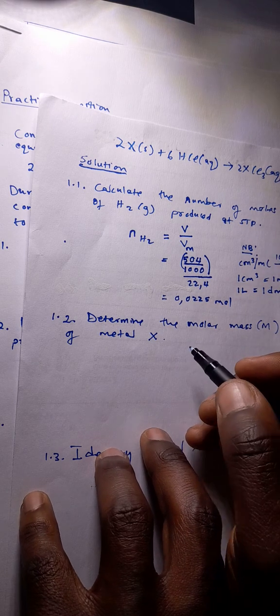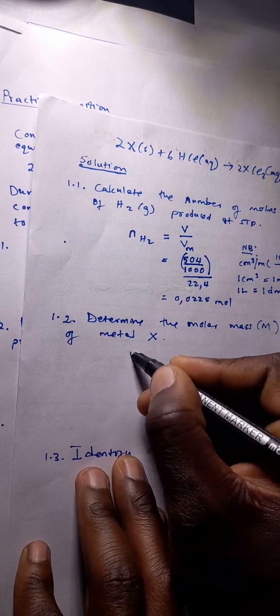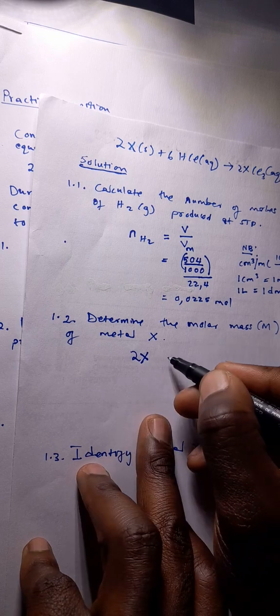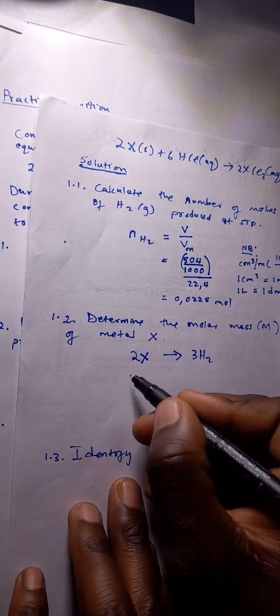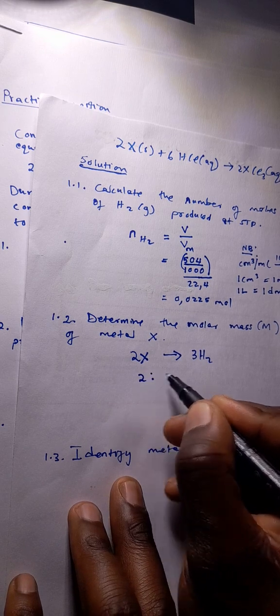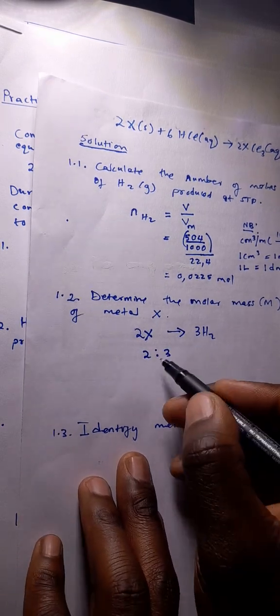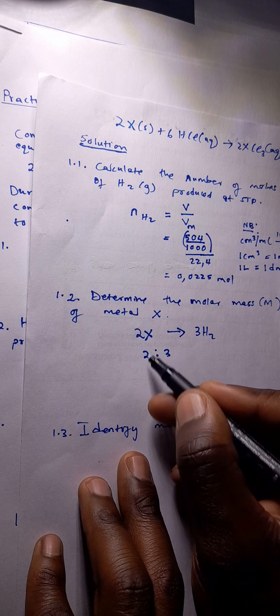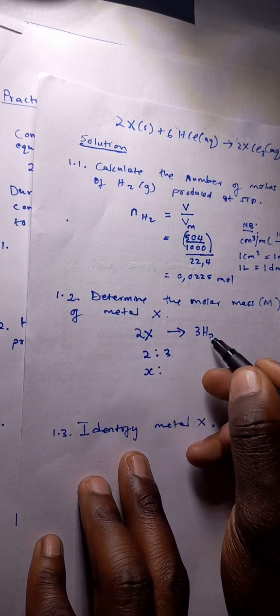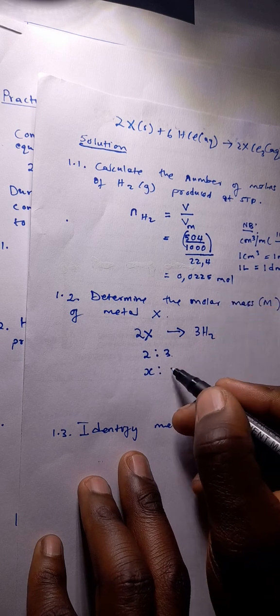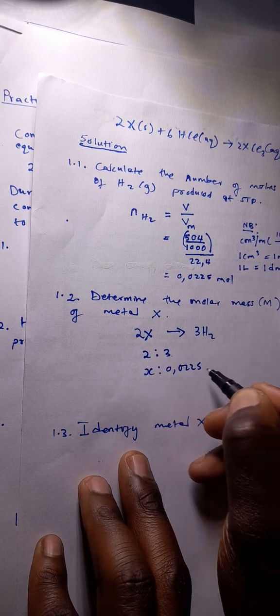Now let's relate the X to the hydrogen gas. You can see the mole ratio is 2:3. Do we have any moles for the X? No, we are looking for it. Do we have any moles for the hydrogen gas? Yes, we calculated it: 0.0225.